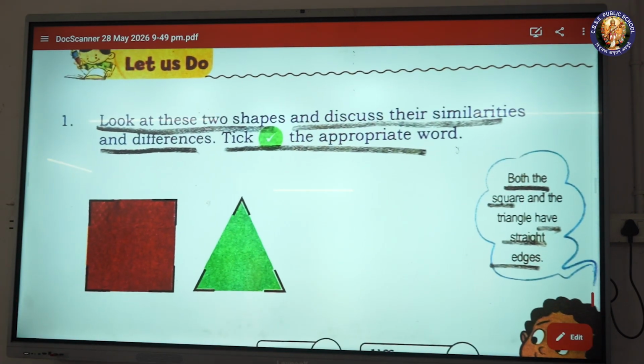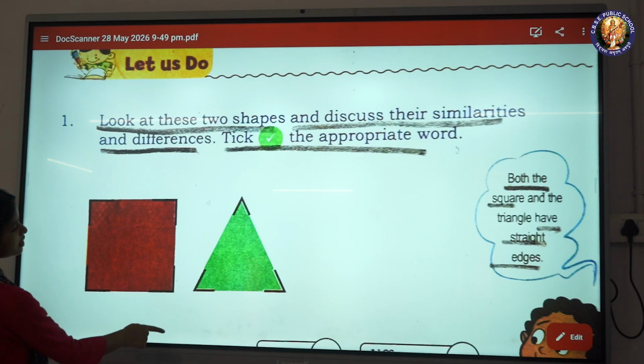Let us do. 1. Look at these two shapes and discuss their similarities and differences. Choose the appropriate word. Both the square and the triangle have straight edges.